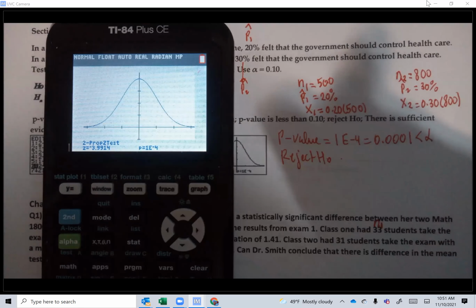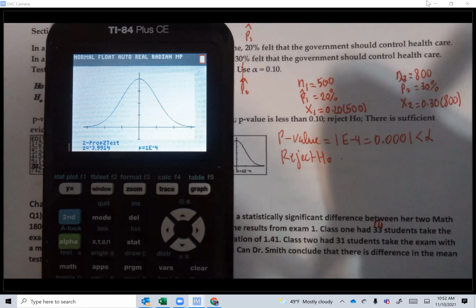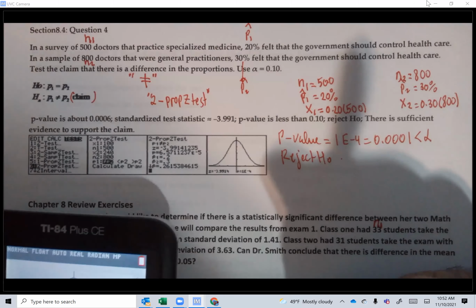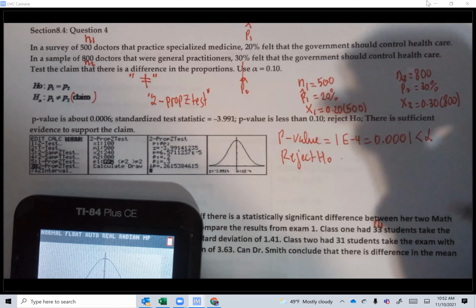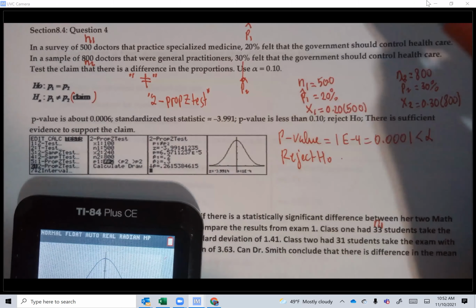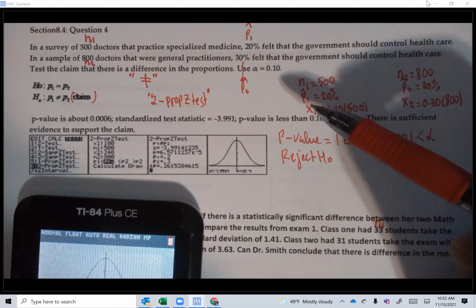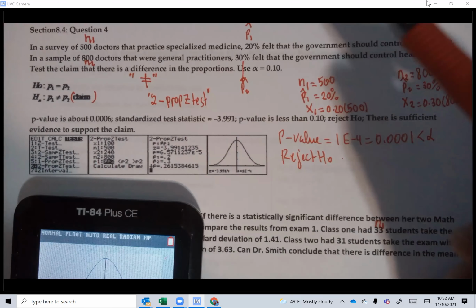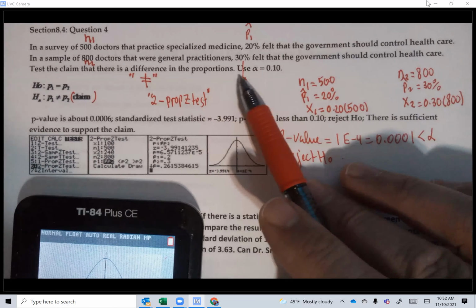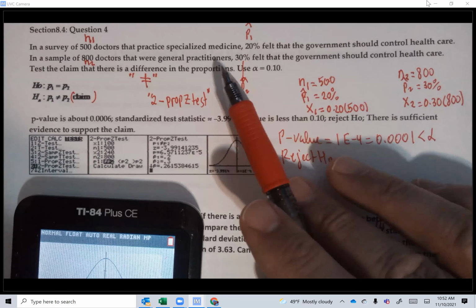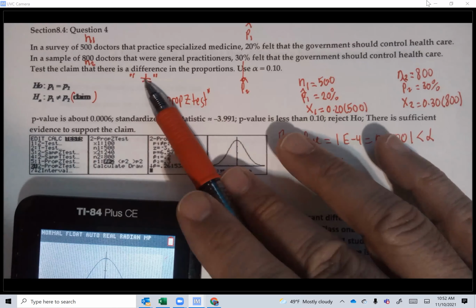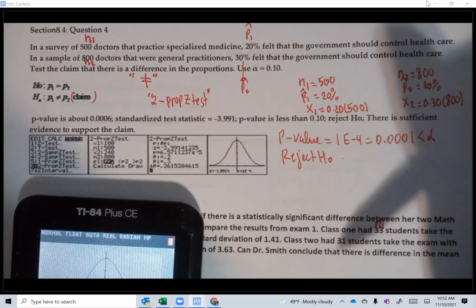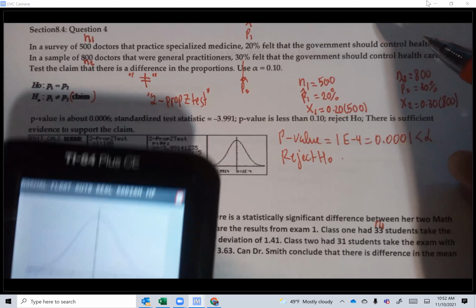And if you reject H0, you say there is a difference. There is enough evidence at the 10% level of significance to support the claim. What is the claim? The claim that there is a difference in the proportions. So we can support the claim, and you can strongly support the claim.